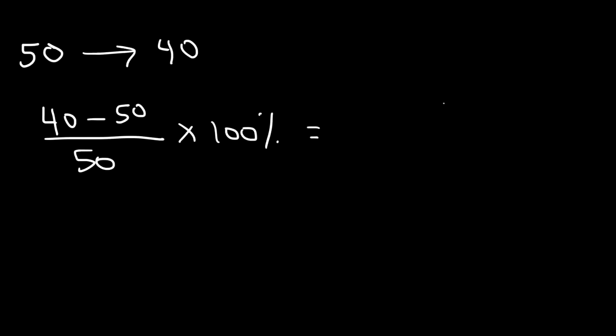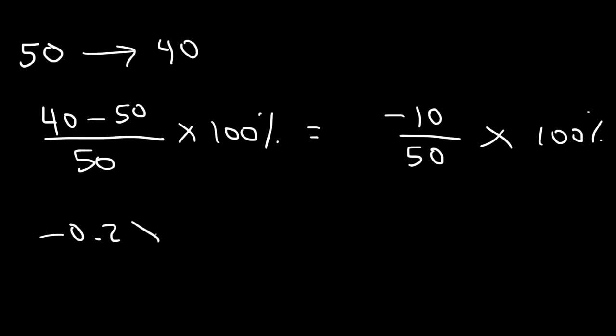So 40 minus 50 is negative 10. Negative 10 divided by 50, if we type that in, that's negative 0.2. So if you take negative 0.2 and then multiply it by 100%, you're going to get negative 20%. And so that represents a percent decrease.